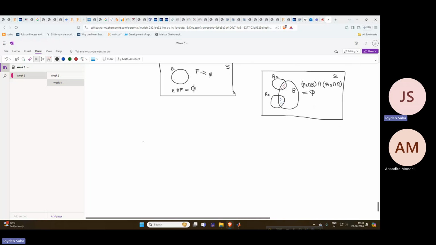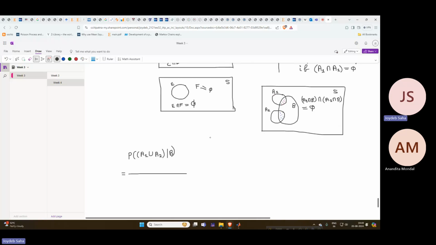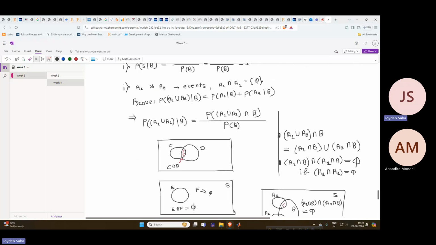So now come to this. Probability of, question was, A1 union A2 conditional B. And so can we write this, whatever we were writing, let us write it first.